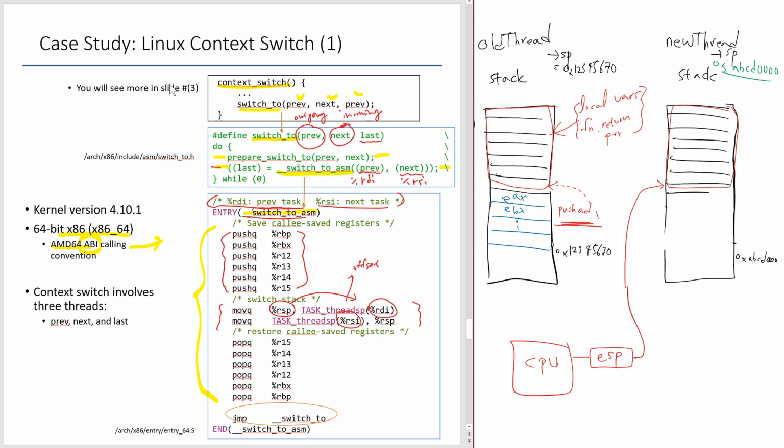And the next instruction restores the stack pointer. So you read the value and update the stack pointer. Just like here, Linux does the same thing. And then you restore all the saved registers, and you jump to this switch_to C function. This is a different function.